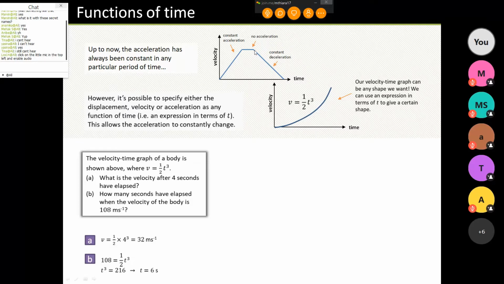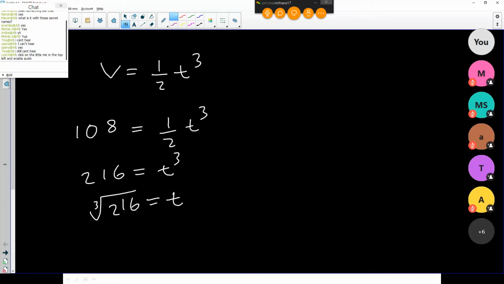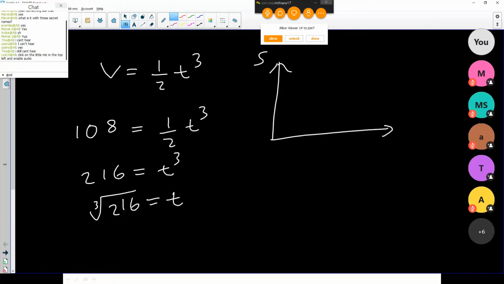If we just look at a displacement time graph up to now, displacement is given by S, we know that from Suvat. We used to have something like this. Displacement would be something like that, and then the person would come back to wherever they went.